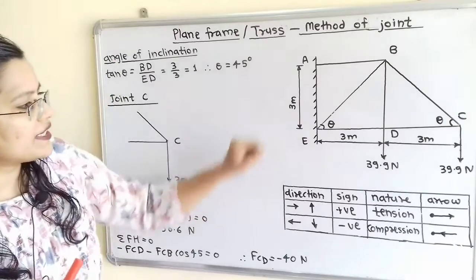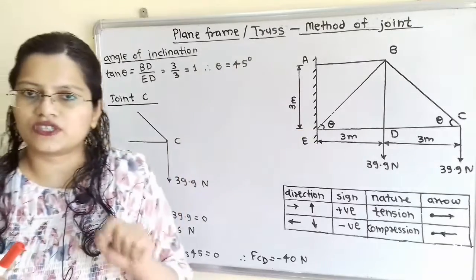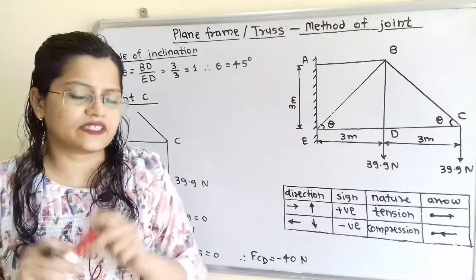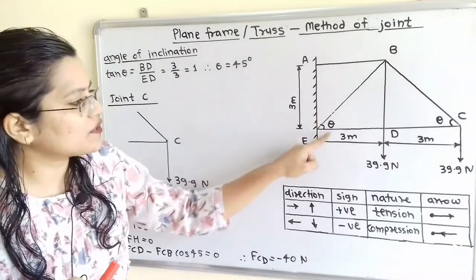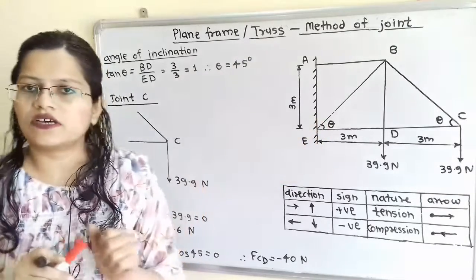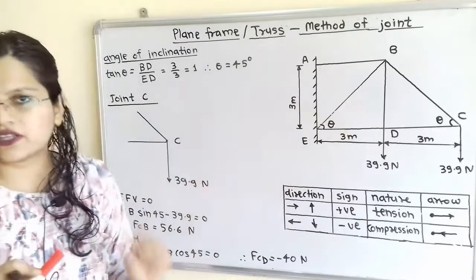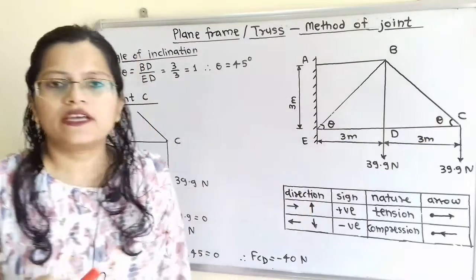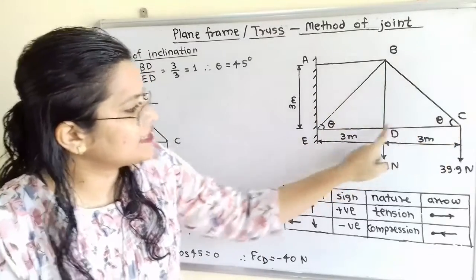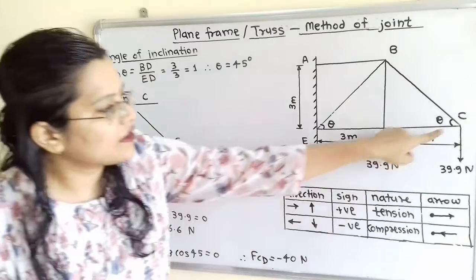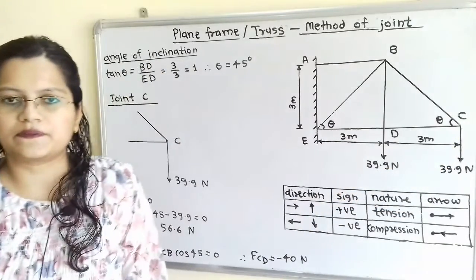But what about E? It is connected to the fixed surface, and here is the reaction which is perpendicular to the surface and it is unknown. So we will skip this because we are not going to find out this unknown reaction at point E. Because we have other option, joint C. Now for joint C there are two members, CB as well as CD. And the third force is known force. So we can select the joint C.